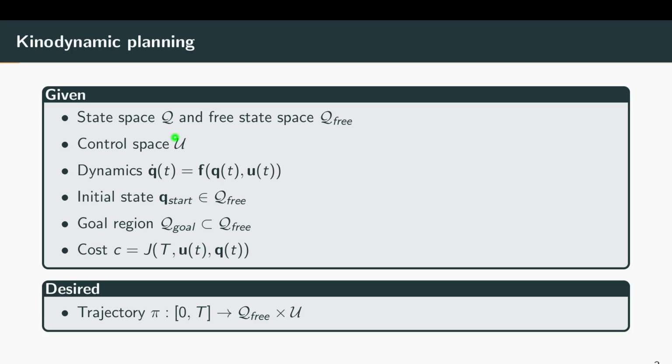And then given some start state, some goal region and some cost function, we are interested in finding a trajectory. What a trajectory actually means is a sequence of configurations that should all be collision-free, and also actions over time. In other words, it's a function that maps the input parameter time to the configuration and state space.